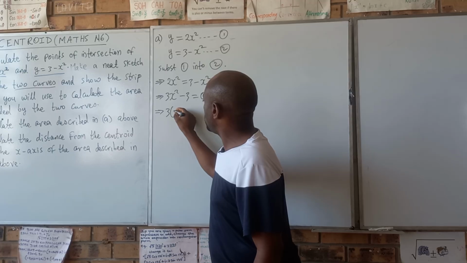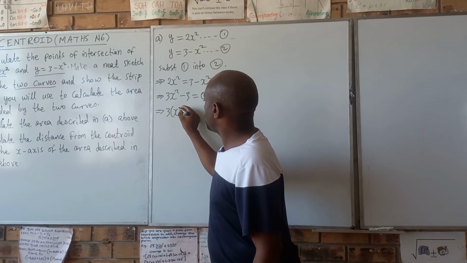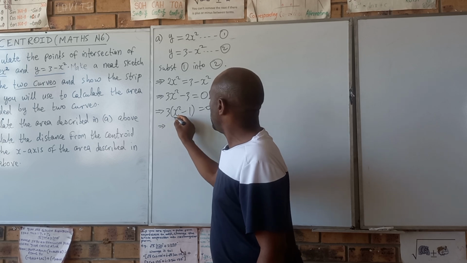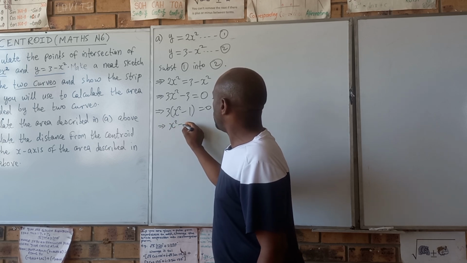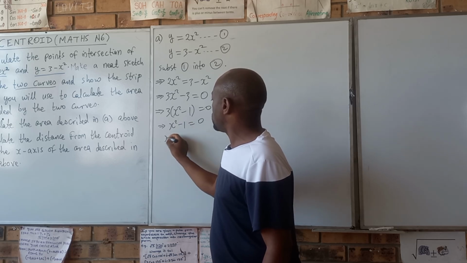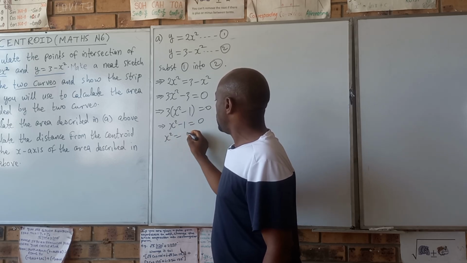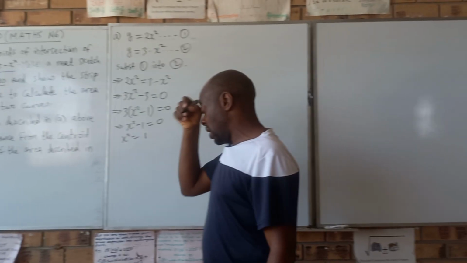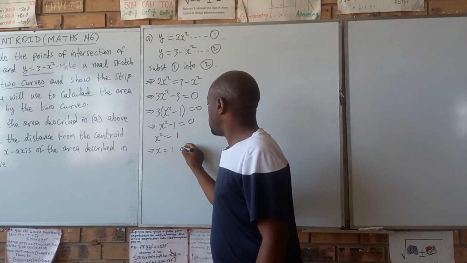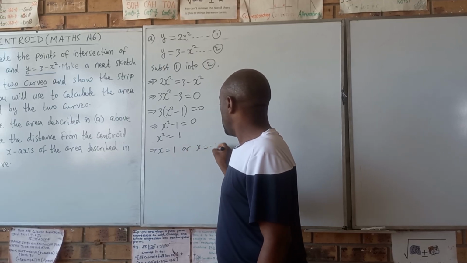If I do that, I'll get 3 times x squared minus 1 equal to 0. Then if I divide both sides by 3, that gives me x squared minus 1 is equal to 0. So that tells me that x squared is equal to 1. If I take the square root of both sides, I will therefore get x is equal to positive 1 or x equal to negative 1.